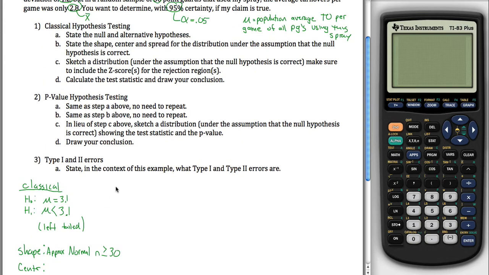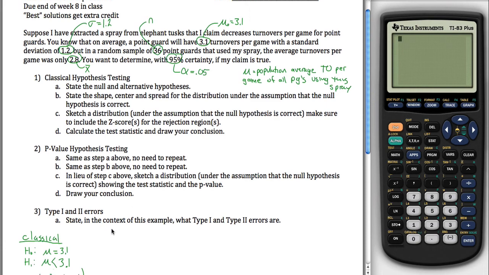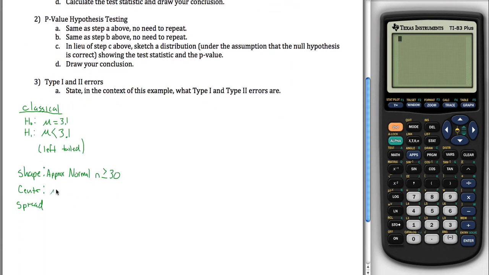The center, we want to use mu naught for the center, which is 3.1. And the reason we use mu naught is because when we're trying to figure out the center, it's kind of the center for mu, but we're assuming that the null hypothesis is correct, that mu equals 3.1. And the spread for our sampling distribution is sigma over the square root of n, which was, what, 1.2?